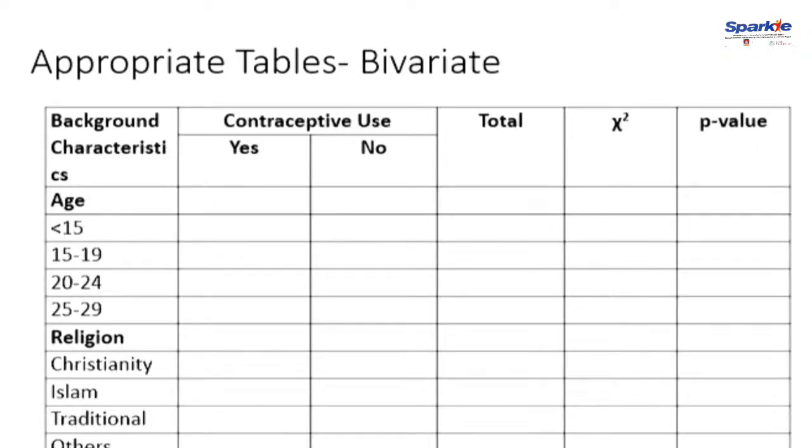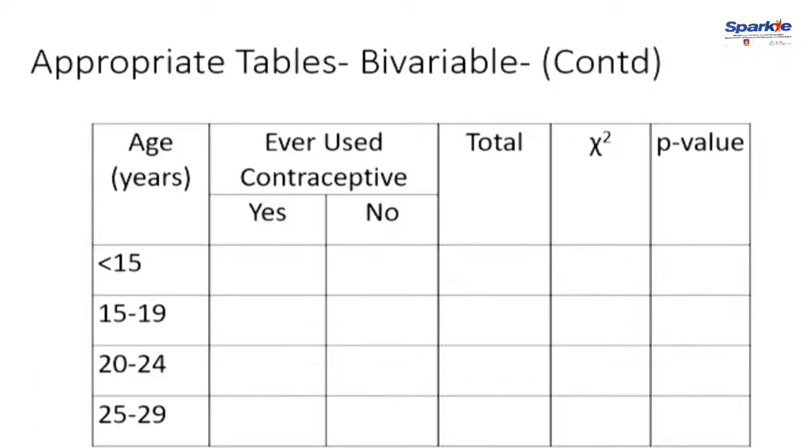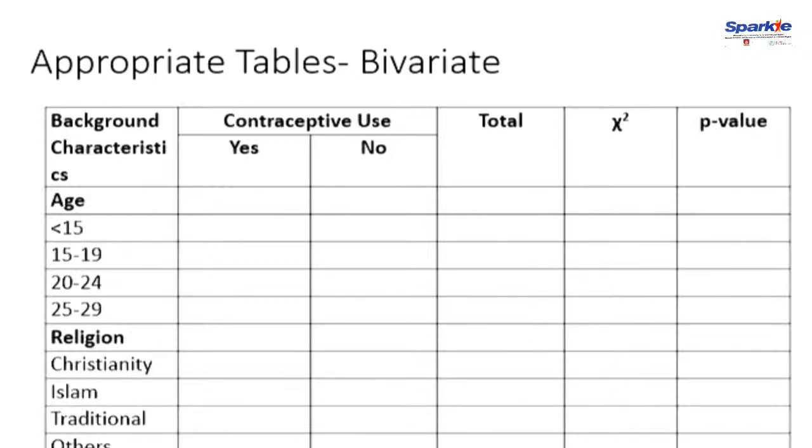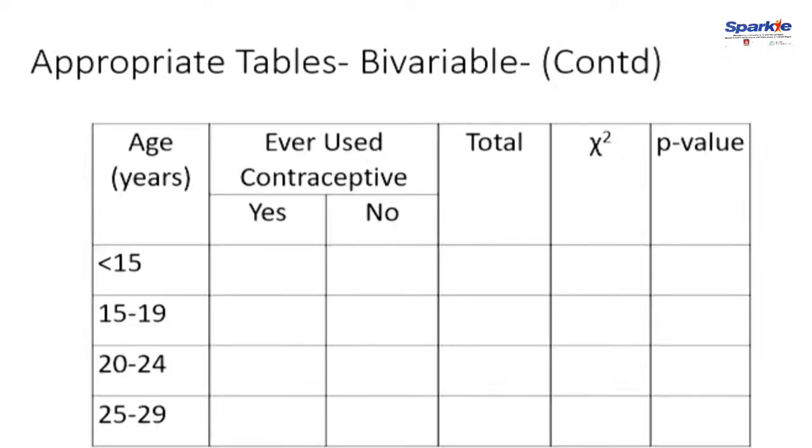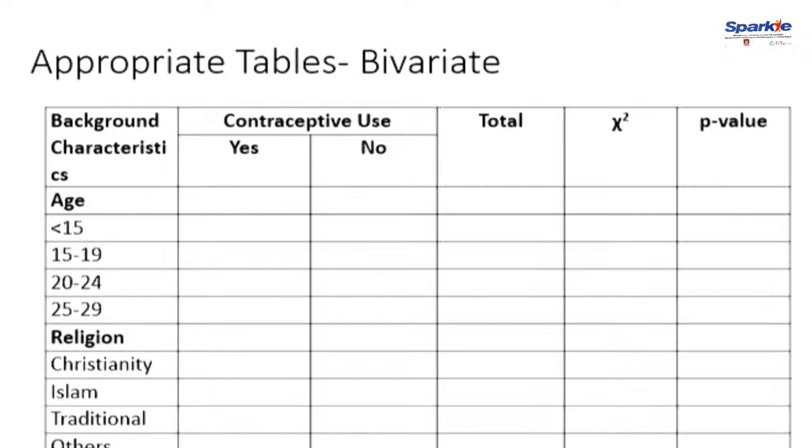Alright? What is the difference between this table and this table? We have just one independent variable here, but we have how many here? So as many as possible, you have them like that, and it gives each of them their different p-values.